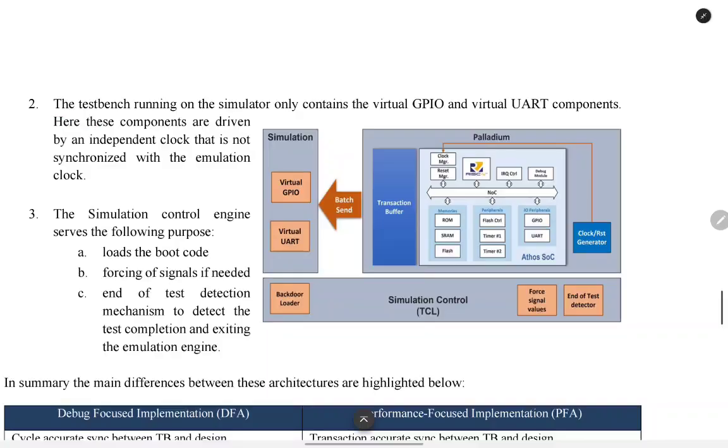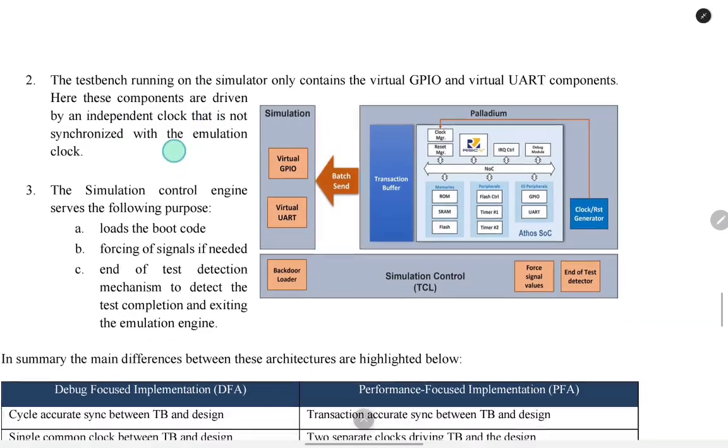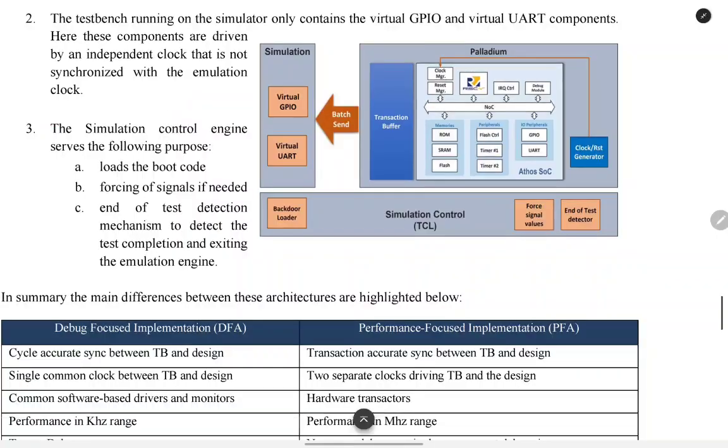Test bench running on the simulator only contains the virtual GPIO and the virtual UART components. These components are driven by an independent clock that is not synchronized with the emulation clock. 3. The simulation control engine serves the following purpose: load the boot code, force the signals if needed, and at the end of the test, detect the test completion and exit the emulation engine.